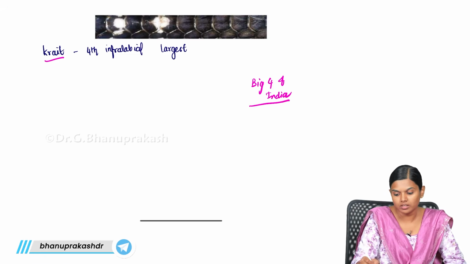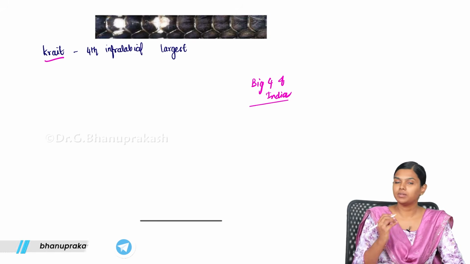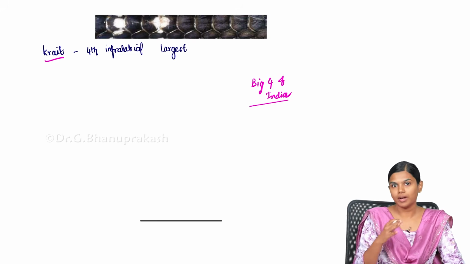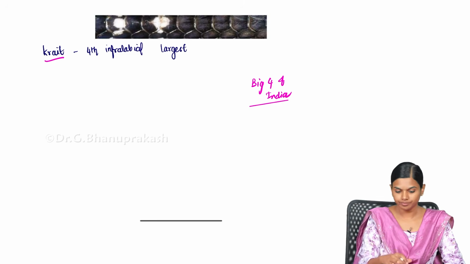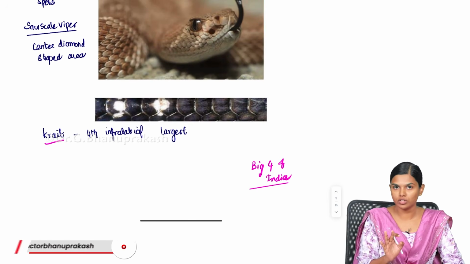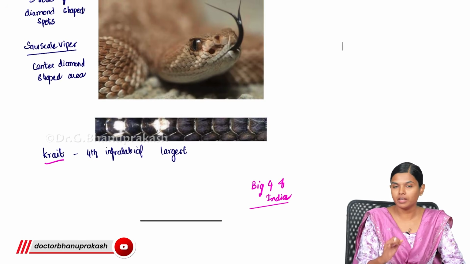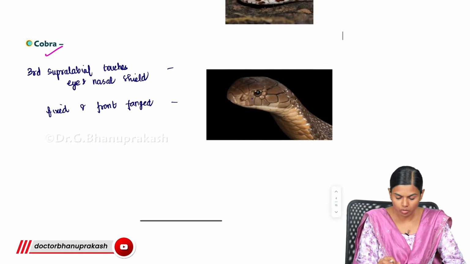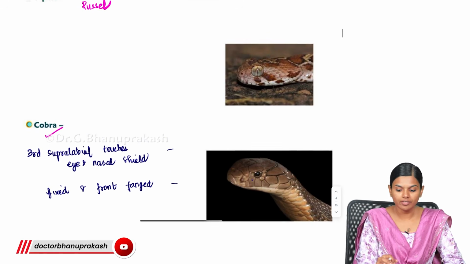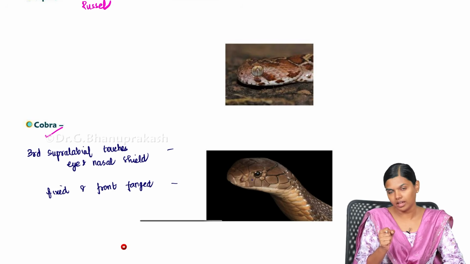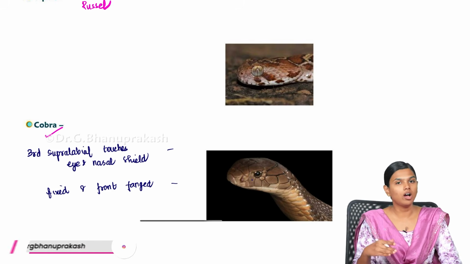More than 90% of all snake bites will be caused by any of these 4 snakes alone. So you should be able to identify these snakes also. If they come with the snake in hand, you should be able to identify whether it is a viper, a cobra or a krait.